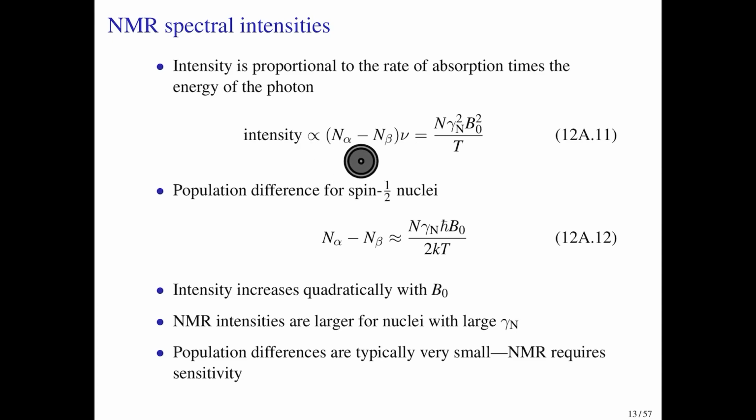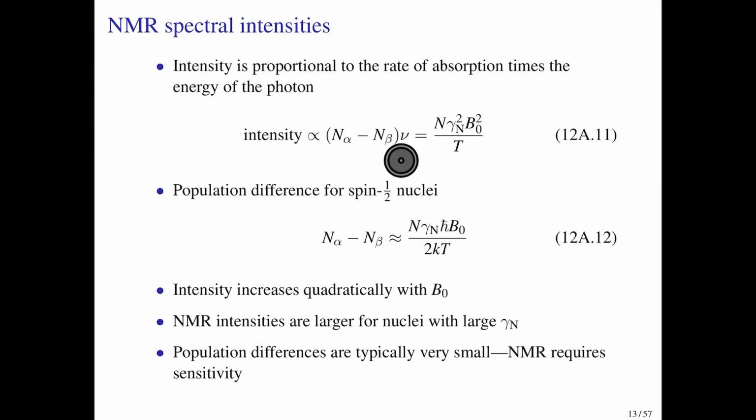And this is a population difference between the up state and the down state. Okay, so that difference is proportional to the rate of absorption times the frequency of the spectrometer. So you plug in this result, which comes from the Boltzmann distribution. We'll talk about that in the next chapter.